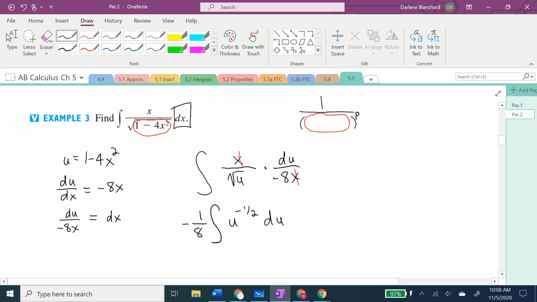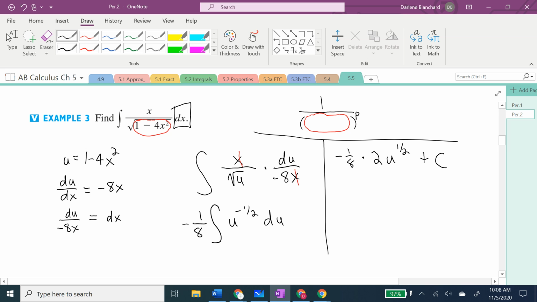And now this problem is set up ready for the power rule. Using the power rule, I add 1 to the exponent, and I either divide by that exponent or multiply by its reciprocal. I do have the constant multiple that I can't forget about.